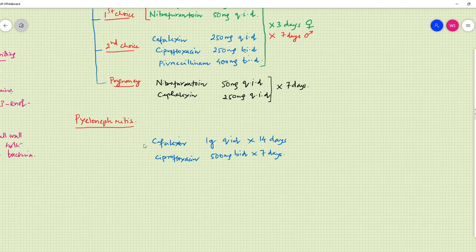So that is for pyelonephritis. And the other drugs that can be given for pyelonephritis, the second choice would be gentamicin and cefuroxime.